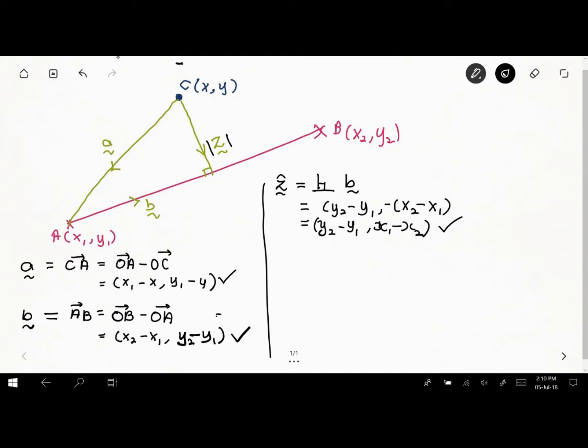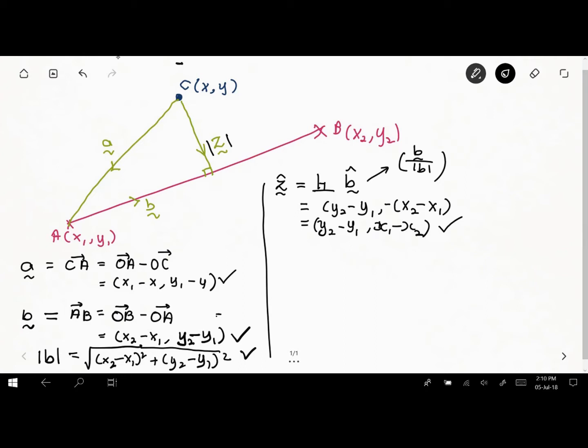So we know the unit vector of Z if we know the unit vector of B. The unit vector of B is B divided by the magnitude of B, and we know the magnitude of B. It is the Pythagoras theorem: the magnitude of B equals the square root of (x2 minus x1) squared plus (y2 minus y1) squared. We know this as well, so we know the unit vector Z here.